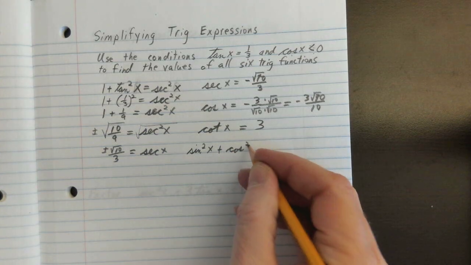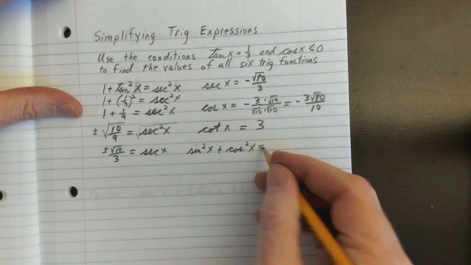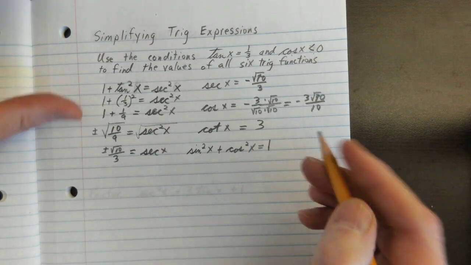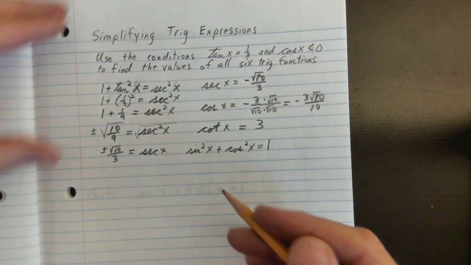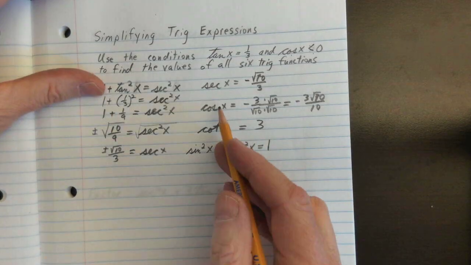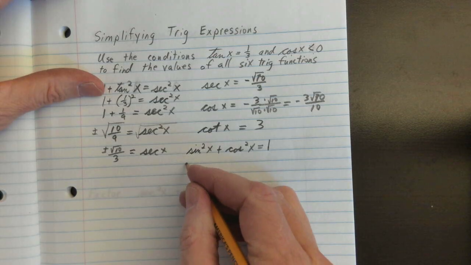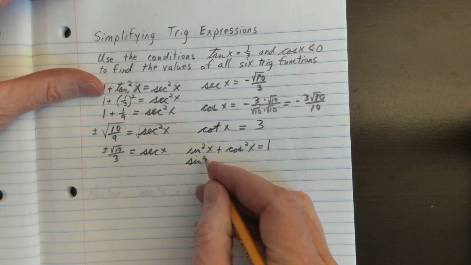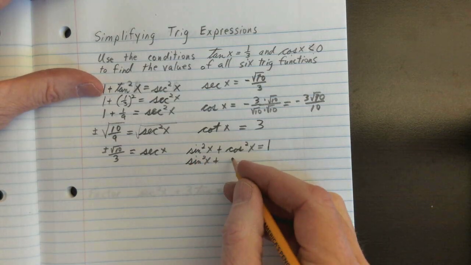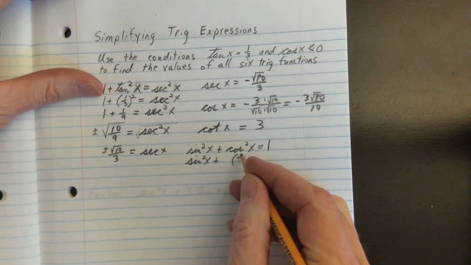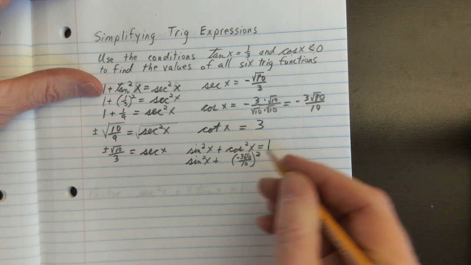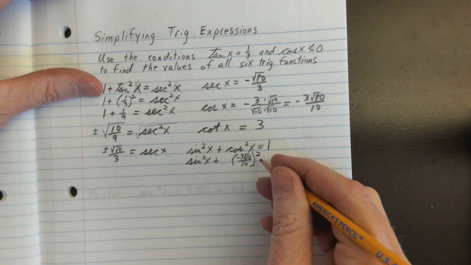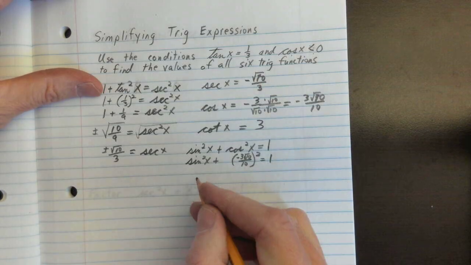I'm going to use another Pythagorean identity: sine squared x plus cosine squared x is equal to 1. I do know we're going to need the negative for that. So sine squared x plus negative 3 radical 10 over 10 squared, that's cosine squared x, is equal to 1.